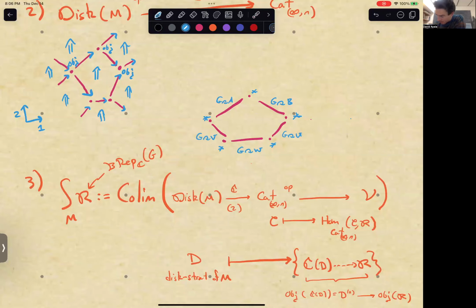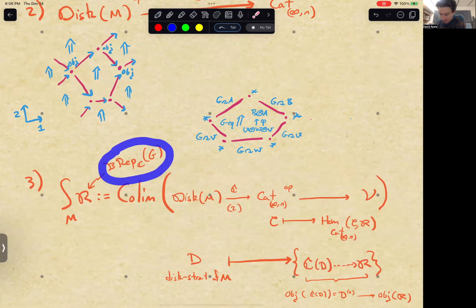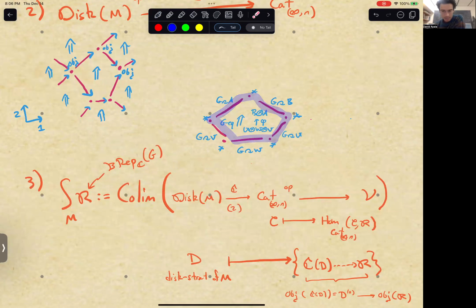So this is a G-equivariant map from the tensor product of U, W, V to the tensor product of A and B. So that's what this would be for that example of R, and for this particular disk piece of a disk stratification.